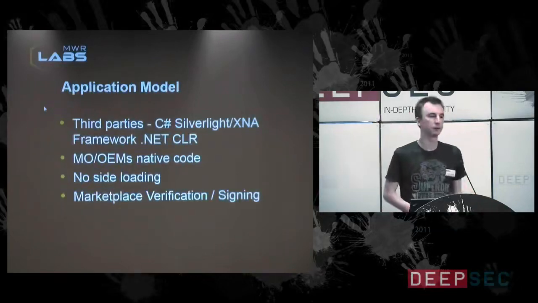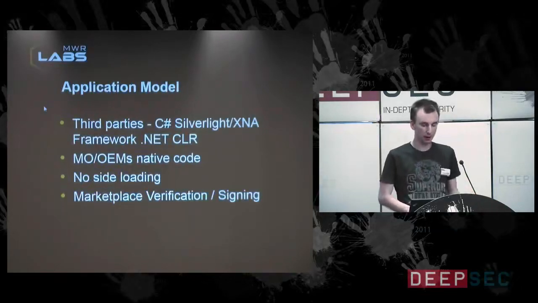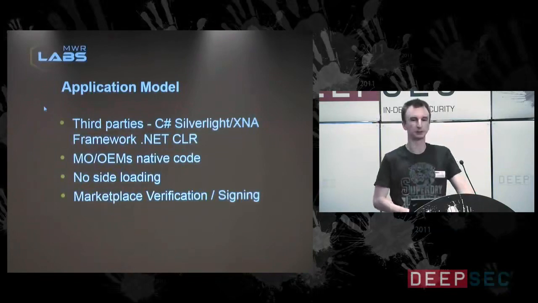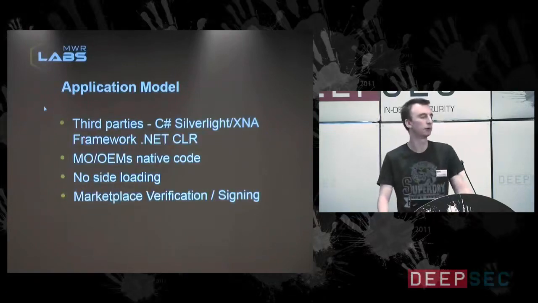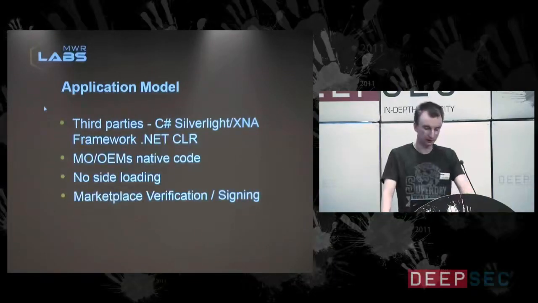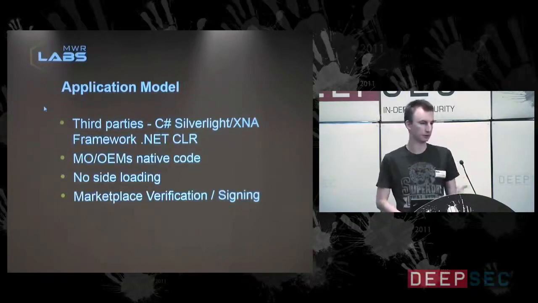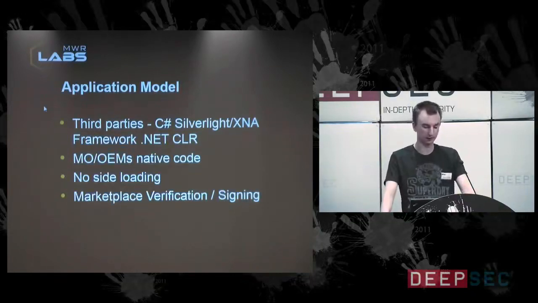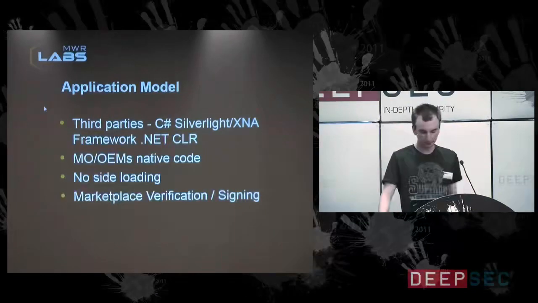So I think it's really important to understand the application model, how applications are developed for the platform and what functionality application developers get. So normal developers, which are not the OEMs, they're restricted to writing managed code. They're restricted to writing C# on a customized Silverlight XNA framework.